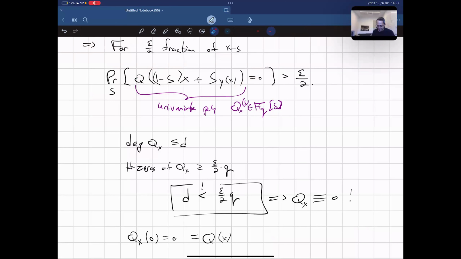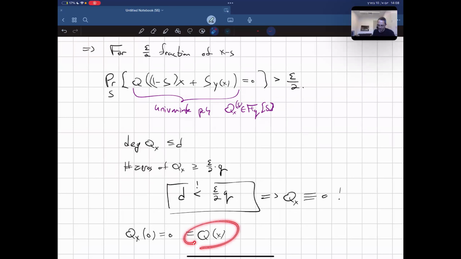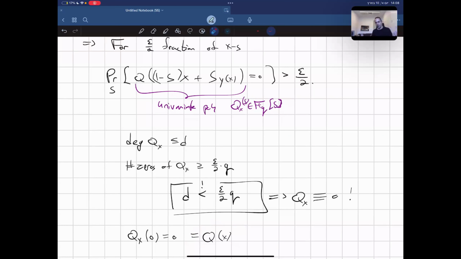So to summarize, we know that every one of these many points x, any kind of good point, because of this argument, is a zero of the multivariate polynomial Q. The way we proved that was to restrict Q to the line, make sure that we chose the degree of Q, and therefore the degree of the resulting univariate polynomial, is too small to have that many zeros without being a zero polynomial.